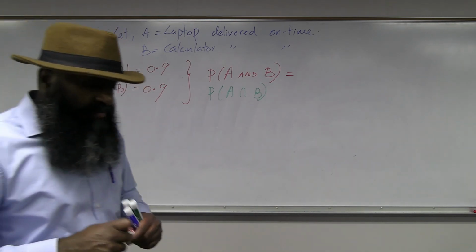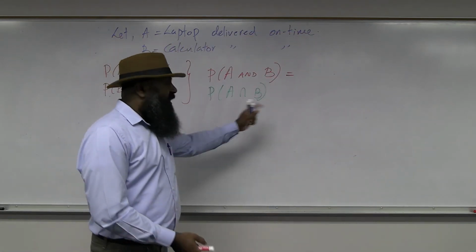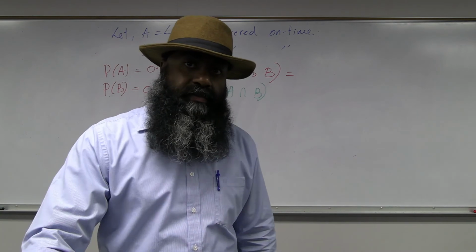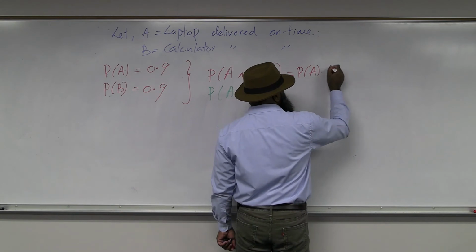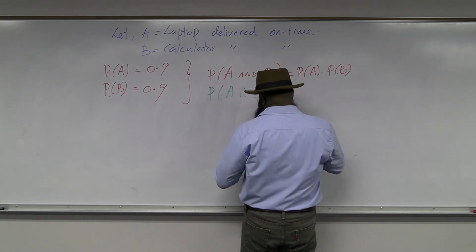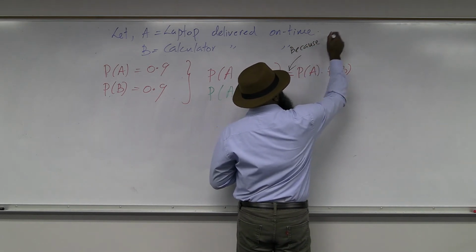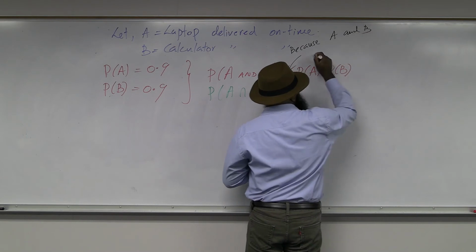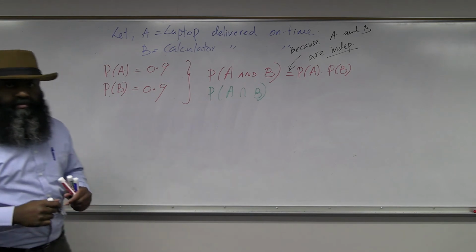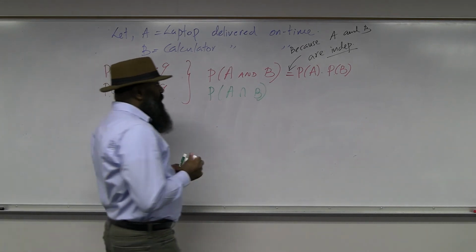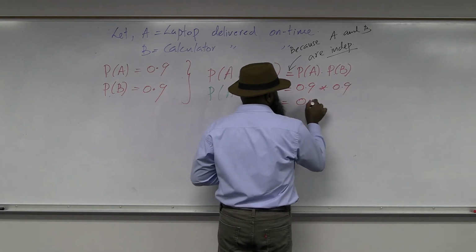Please remember, if it's not explicitly given as independent, we cannot write down probability of A intersection B equals probability of A times probability of B. But it's given as independent, therefore I can write this down as PA times PB. I will write down the reason. This is because A and B are independent. It's given in the question. So we can plug in those two values, which is 0.9 times 0.9. So the simplification is 0.81.